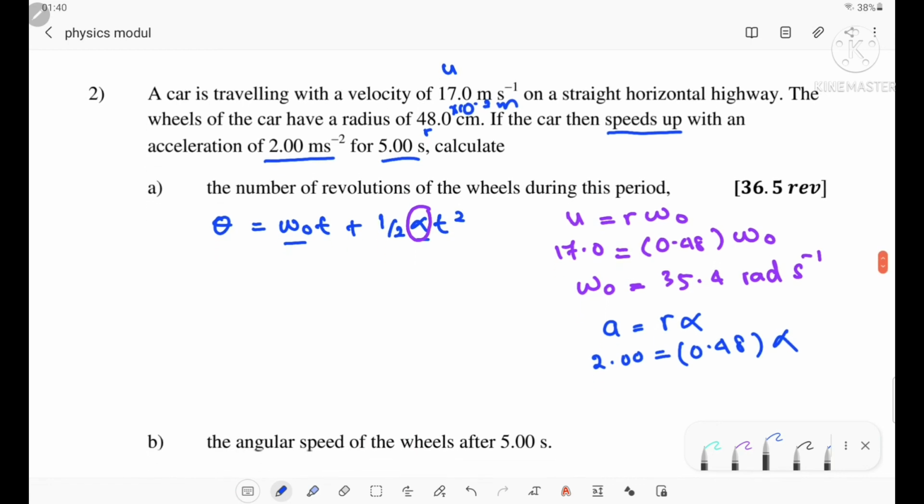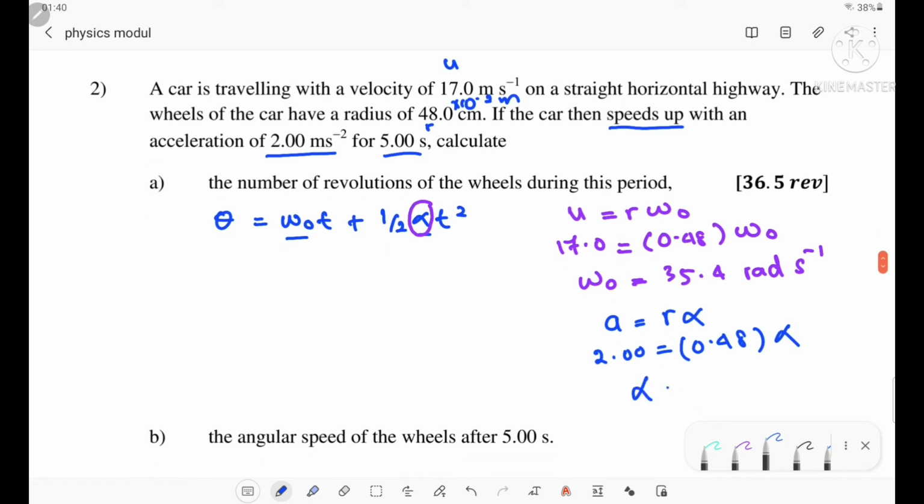Okay, press the calculator. We got alpha is equal to 4.17 radian per second squared.